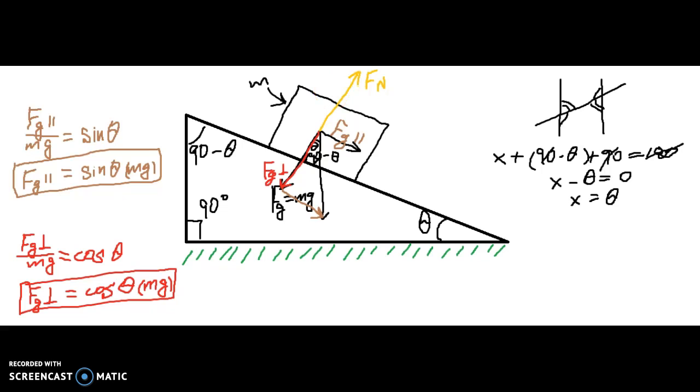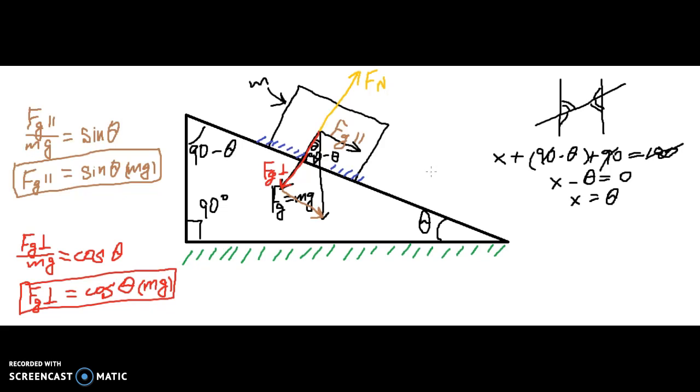If the friction force, however, let's designate it with a blue line over here, blue stripes, if the force of friction is bigger than the vector of force of gravity parallel to the inclined plane, the object will either not move, or it will move.